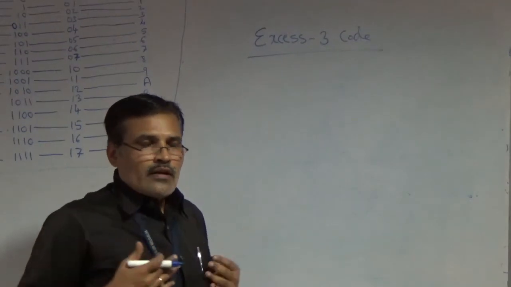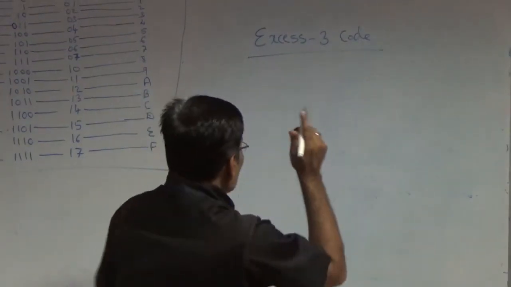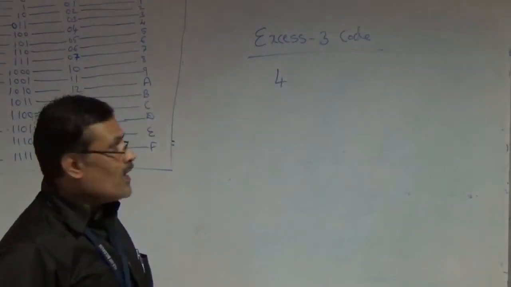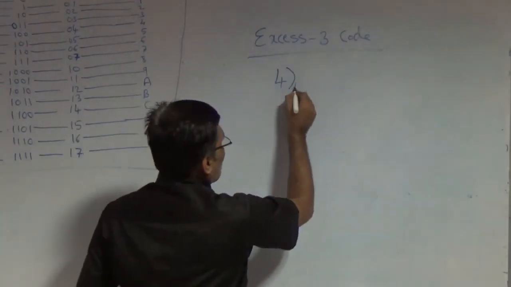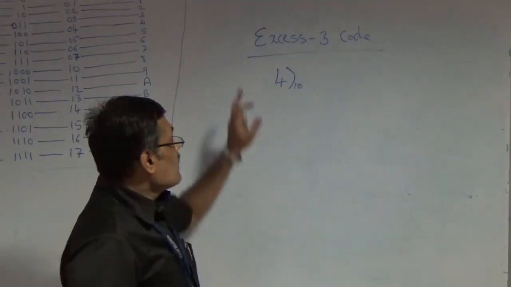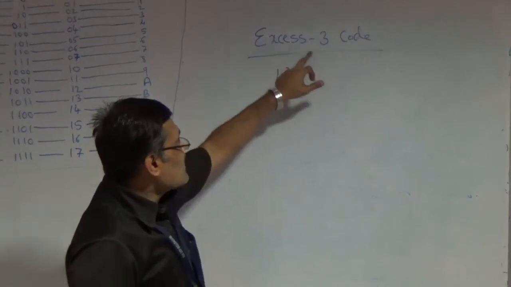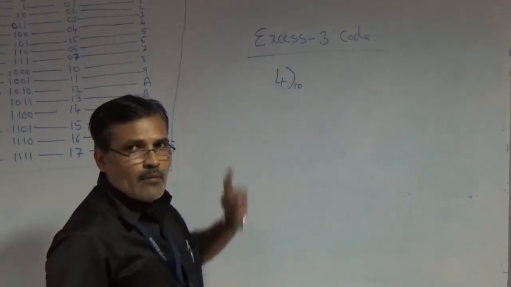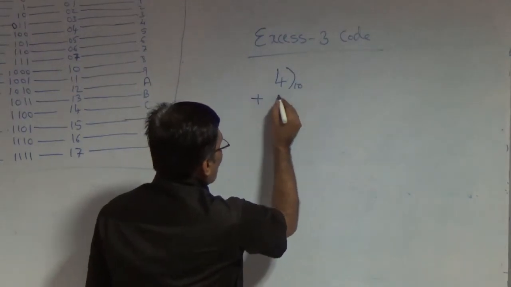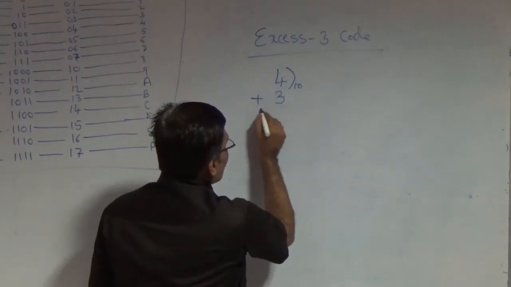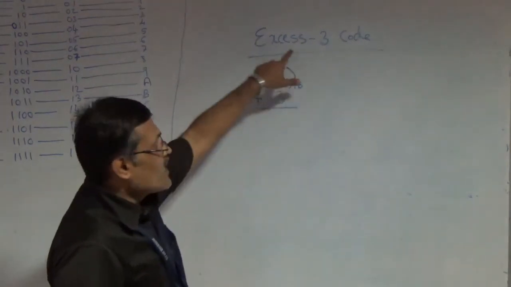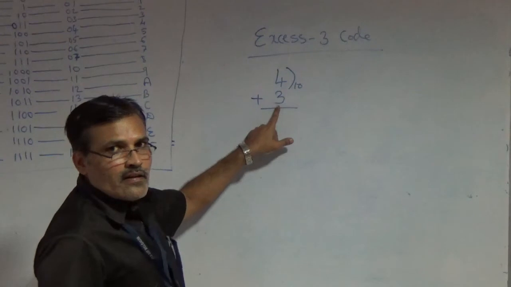In this particular case, consider a decimal number 4. Now I need to have the Excess 3 code for this decimal number. In order to generate an Excess 3 equivalent number, I just need to add 3 to the given number, because it is Excess 3.